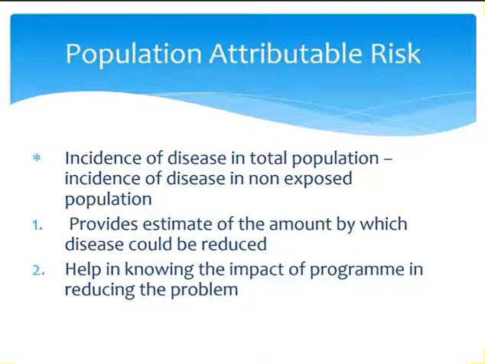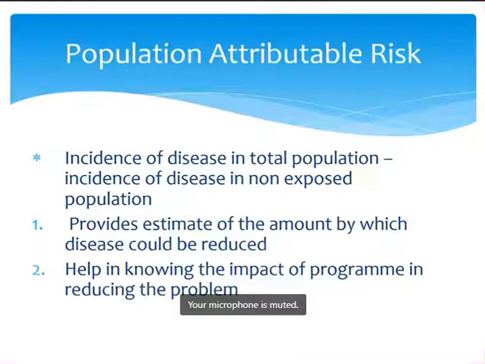So suppose we were to ban smoking, what will be the reduction in lung cancer? What will be the reduction in the mortality rate? If you want to understand what will be the public health impact, suppose we were to ban smoking.